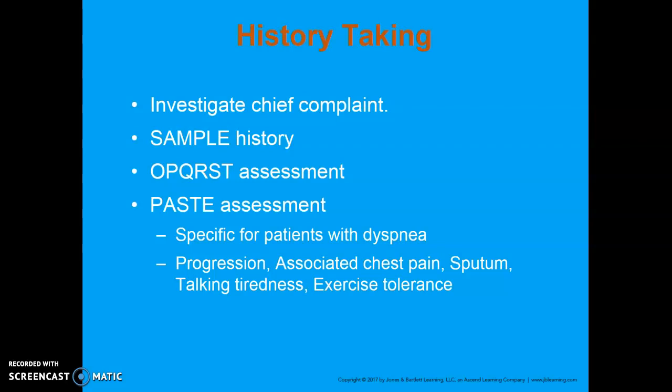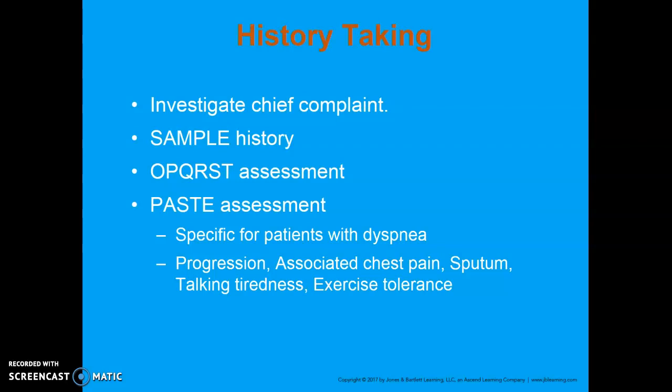for most patients. When the patient's in respiratory distress, we want to get SAMPLE, and OPQRST can be modified so that you can still get valuable information about the breathing problem.